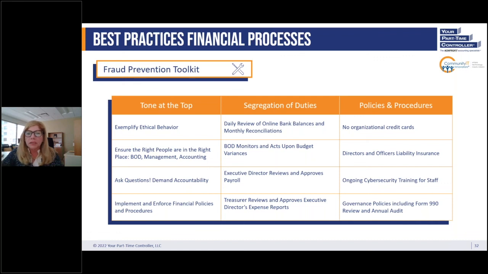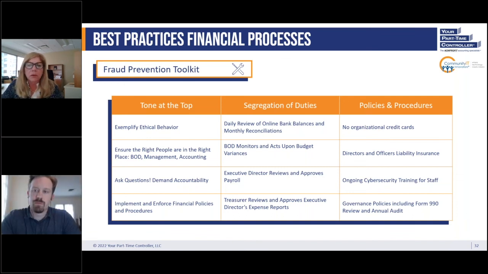And of course, just having good practices where there is a 990 review and an annual audit will also help with fraud protection. And no organizational credit cards, we know that's an area that is very rife for fraud. So if you can eliminate those, you're eliminating a big risk of fraud.